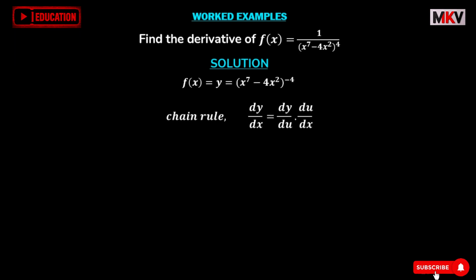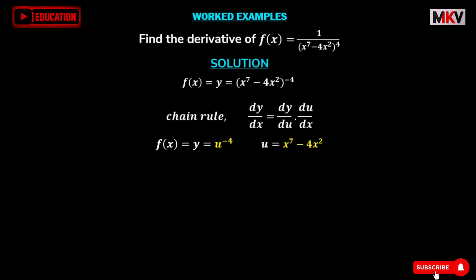If we replace the terms in the bracket with u, we have y to be equal to u to the power minus 4. Then u becomes x to the power 7 minus 4x squared. So this is our u and our y after the replacement.